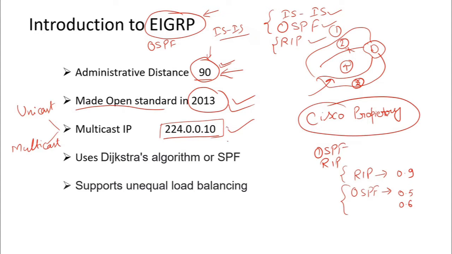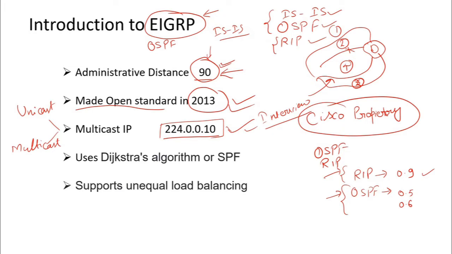But when comparing with other routing protocols like RIP and OSPF, you keep in mind that 5 and 6 are for OSPF, RIP has .9, and EIGRP's multicast IP is .10. You don't configure any multicast IP on the routers while configuring EIGRP, but this is just for information, and for the interview point of view, since sometimes they ask you. That's just for information only, nothing else.